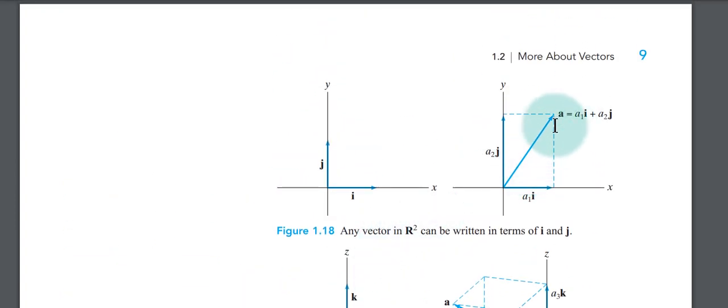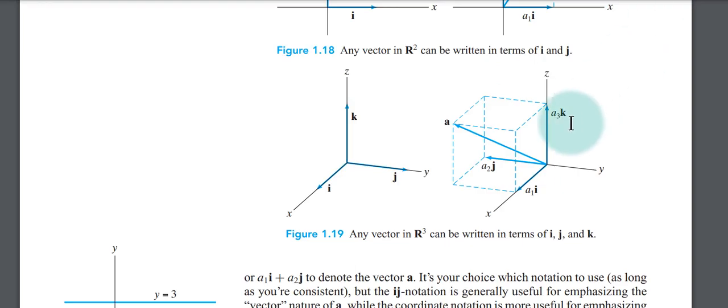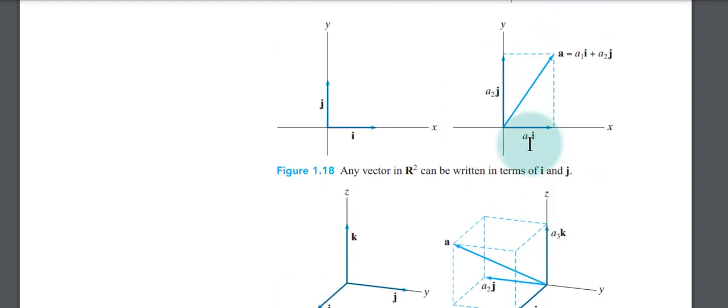So we saw that here. This one can be decomposed into this plus this. These are the components of this A vector. We say it has this much component in the i direction and this much component in the j direction.